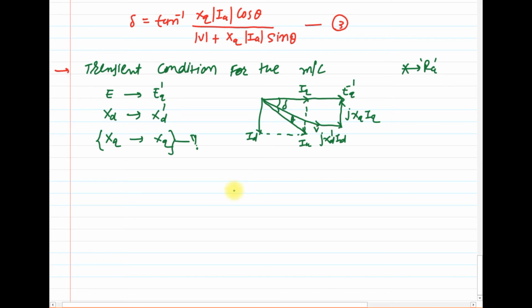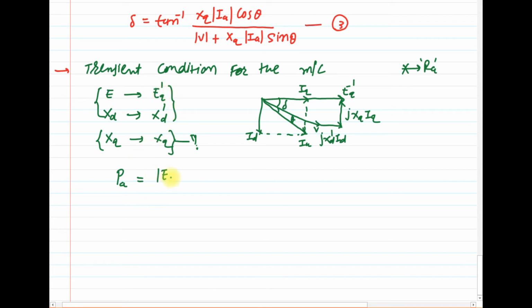Clear? So in the same way, what will be the change in the power angle equation, or the power generated by the machine under the transient condition? We need to write down the equation with this change, that means under normal operating condition and after the transient condition.